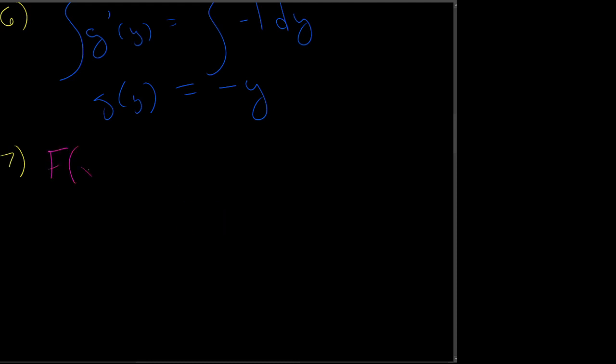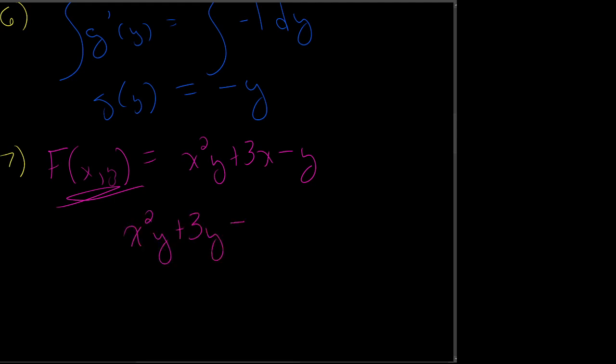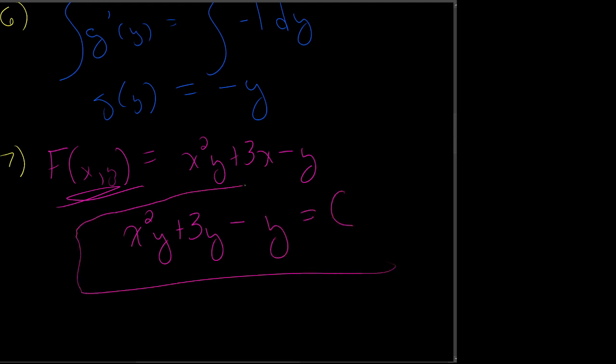F of xy is equal to x squared y plus 3x minus y. But we know this is equal to some arbitrary constant. And we have the solution to our ODE.